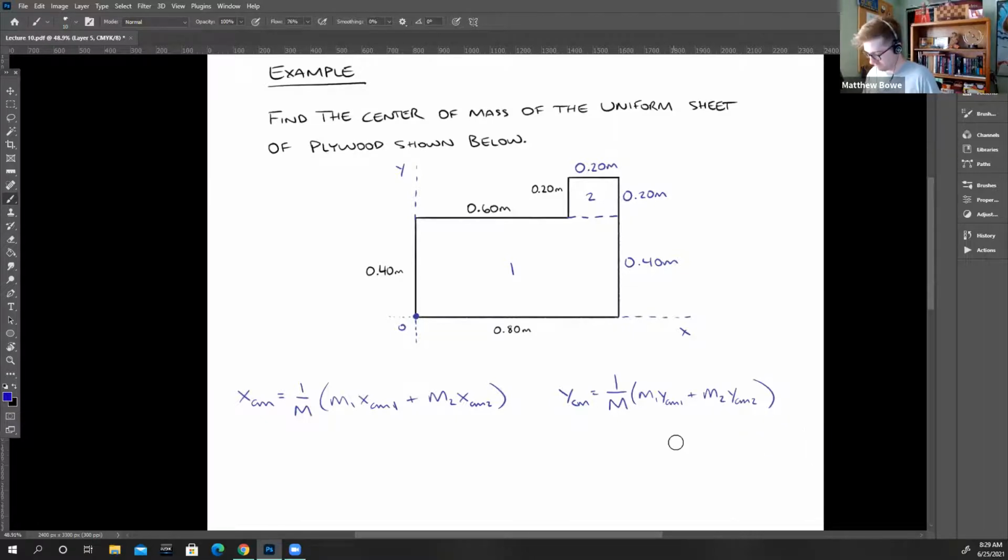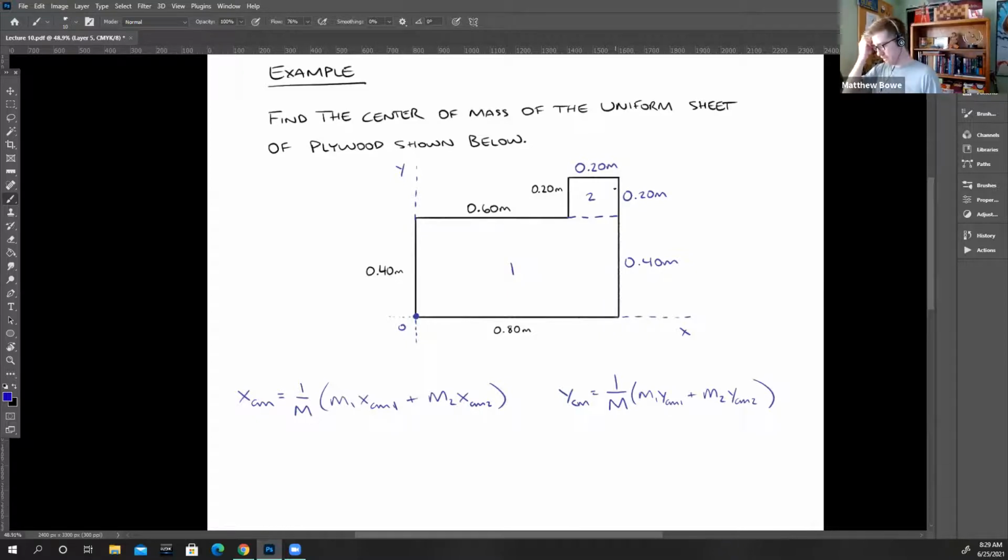There's a problem. Maybe you see it. We aren't given a mass of the total object, and we're not given a mass of each section separately. So how do we find the center of mass at all?